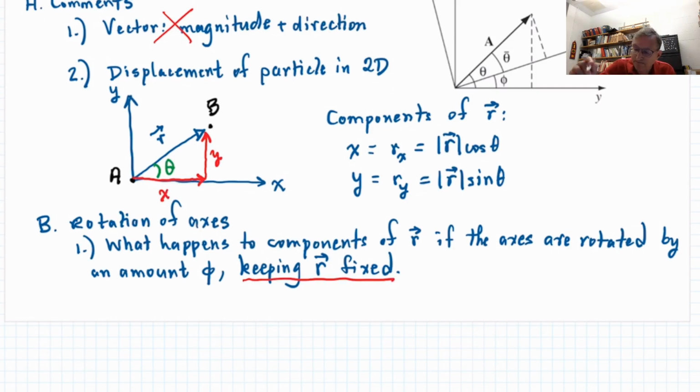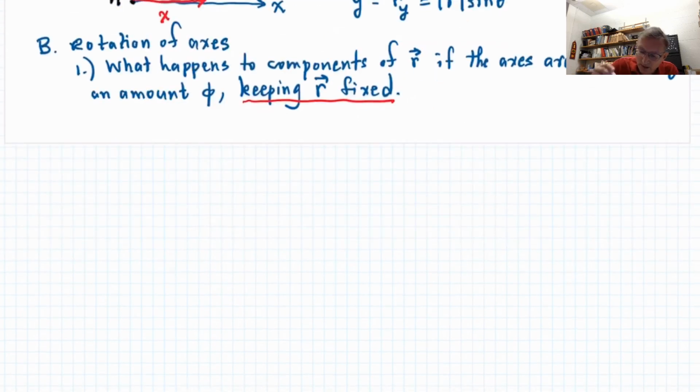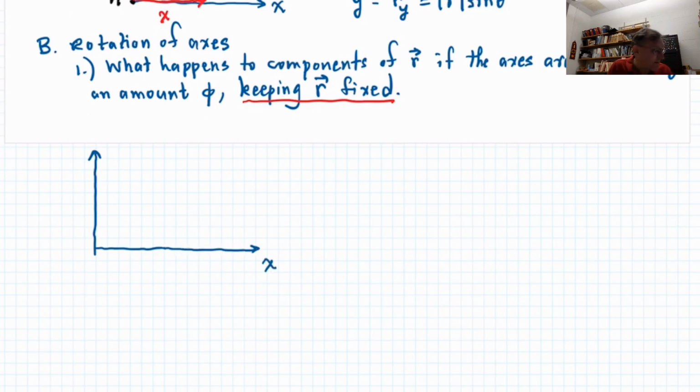So let me draw a new picture. I'll draw it right down here. So I have the original axes, X and Y. Okay, fine. And now here come the rotated axes, rotated about the origin, point A, counterclockwise by an amount phi. So the x will become a new axis that we will call x bar. We don't want to confuse it with the old x-axis. Where this angle right here is phi.